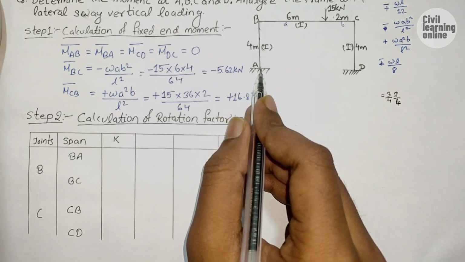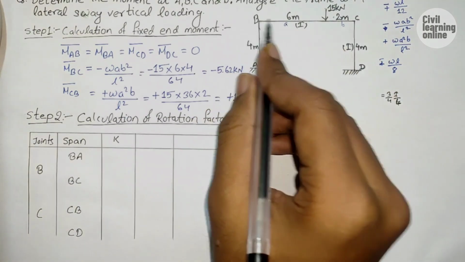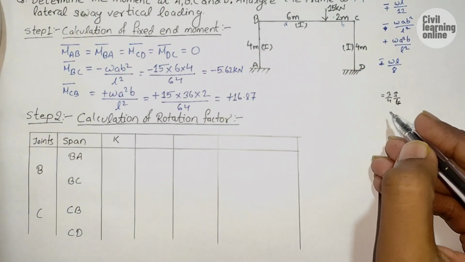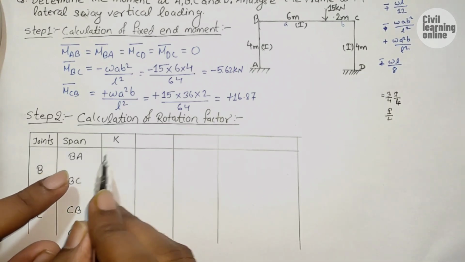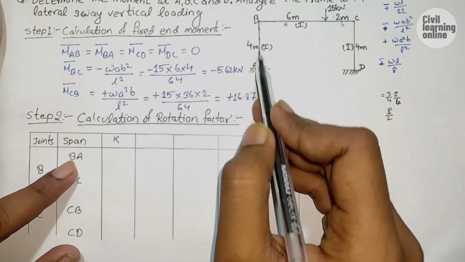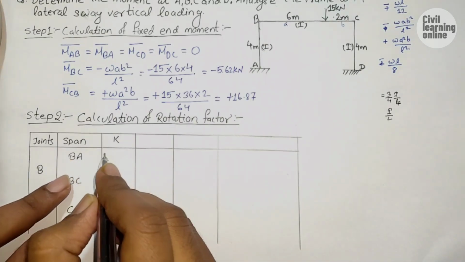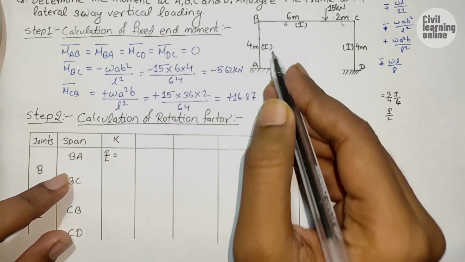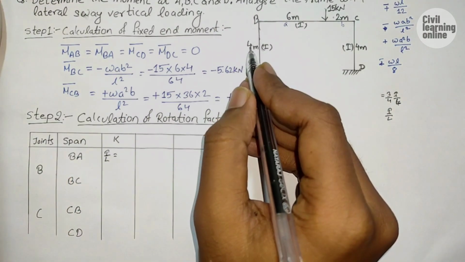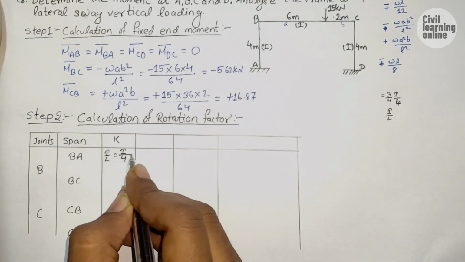Similarly, if the fixed support is at the end and the hinge support is at the intermediate position, then we use I upon L. So guys, here if we consider span BA, from B to A, fixed support is at the end, so here K will be I upon L, and here I is uniform and L is 4 meter, so we will have K equals I upon 4.